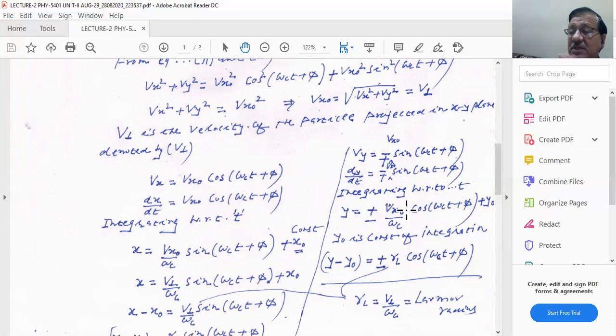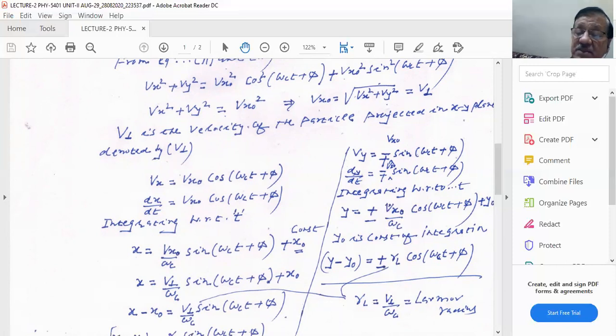So the particle is describing a circular path in the xy plane, and the radius of this circular path is the ratio of V perpendicular divided by omega c. This is known as the Larmor radius.